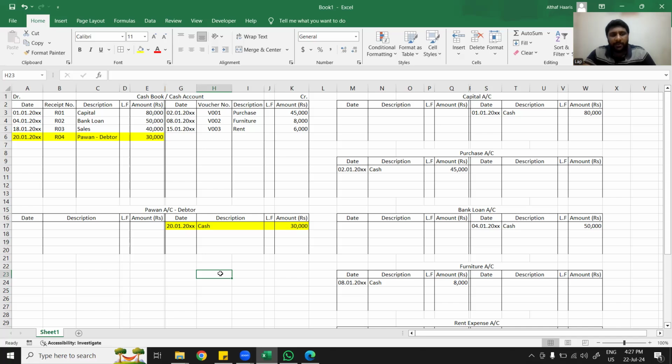Cash book debit. Pawan's account credit. Yes, you should mention the name, and better to write debtor inside the brackets. Then you know that is a debtor here. If not, later when we are doing big questions, you will forget whether Pawan is a debtor or creditor here. So you have to write the name.